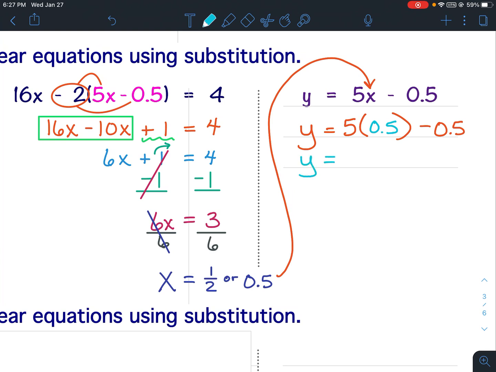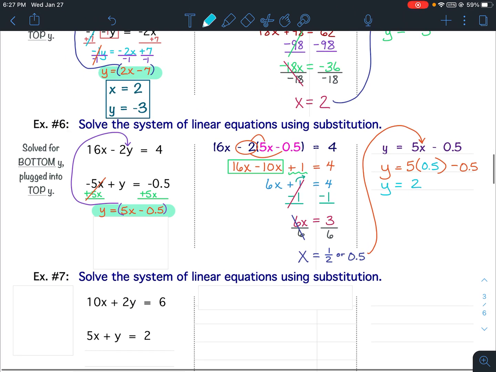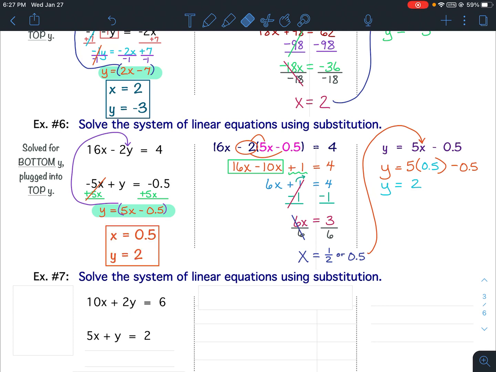So 1/2 of 5 is 2.5. And I'm going to subtract 0.5. So this right here is 2.5. 2.5 minus 0.5 is just 2. Okay, so my final answer would be x equals 0.5, y equals 2.